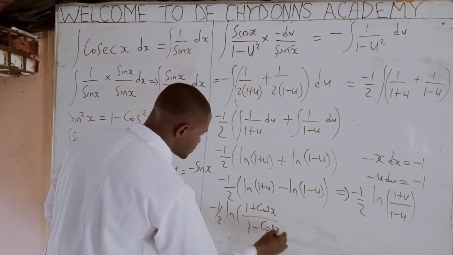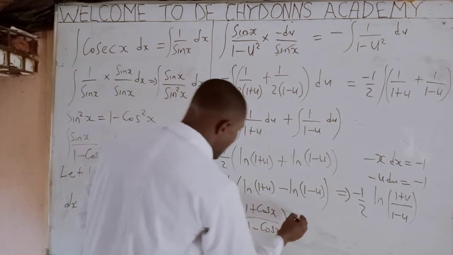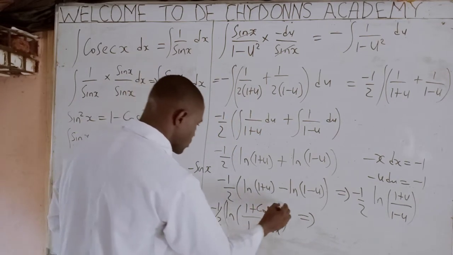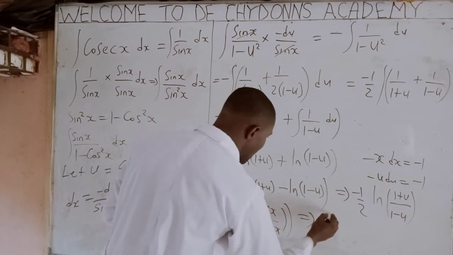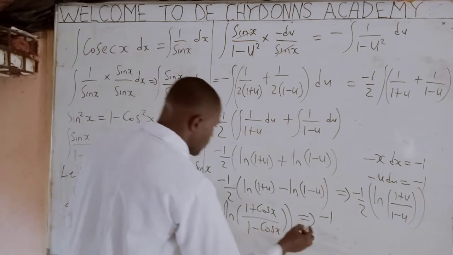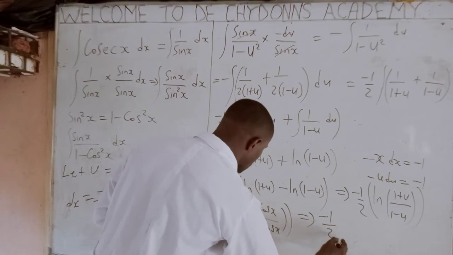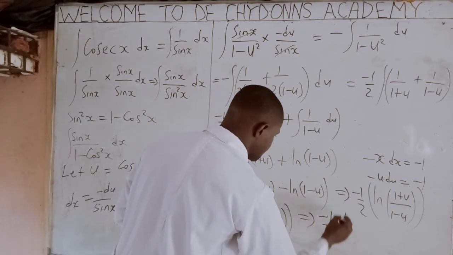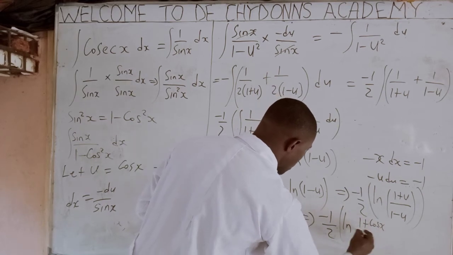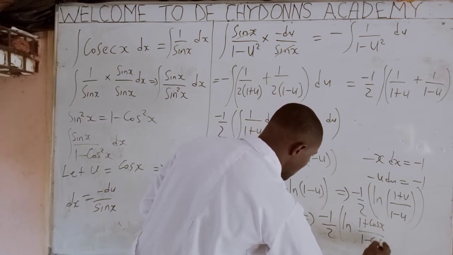Cos x. This means minus 1 over 2 ln 1 plus cos x all over 1 minus cos x.